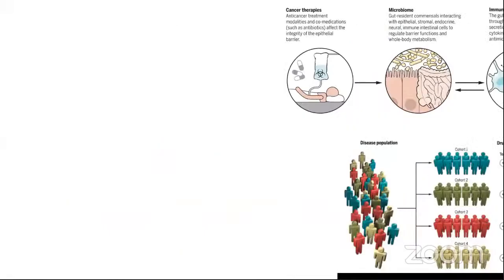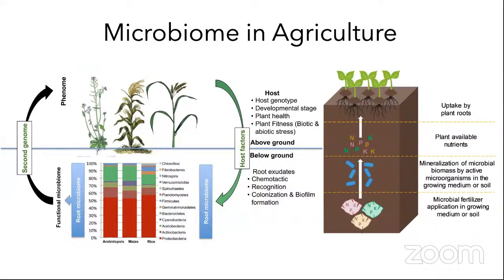Now, as was mentioned already before me, it's not only that the microbiome is affecting human health and disease, we also will talk about the microbiome in agriculture. So how can we actually study the composition of soil and different bacteria that live on the roots of plants? So there's the soil microbiome, the bacteria and the microorganisms that live in the soil. And then there's also specific communities that form around the root nodes.